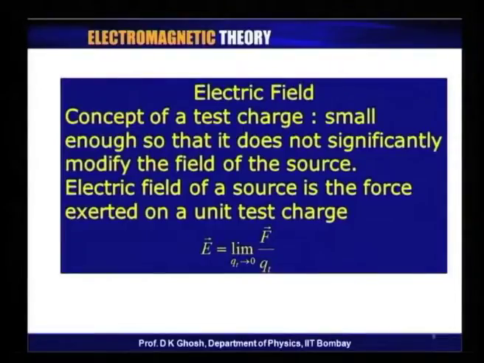The electromagnetic theory is completely consistent with the special theory of relativity. So, let us proceed and define the electric field.